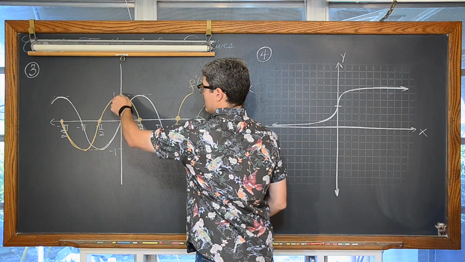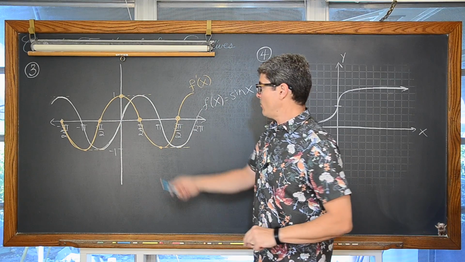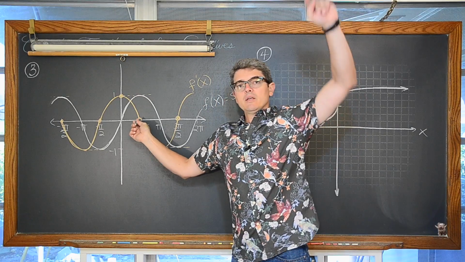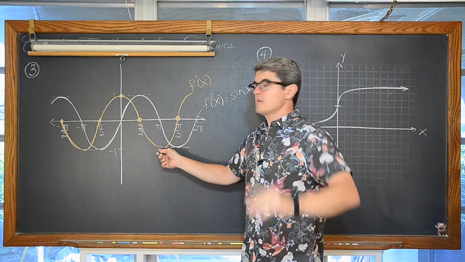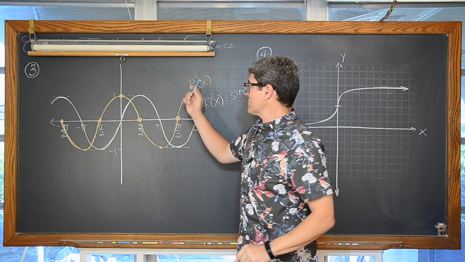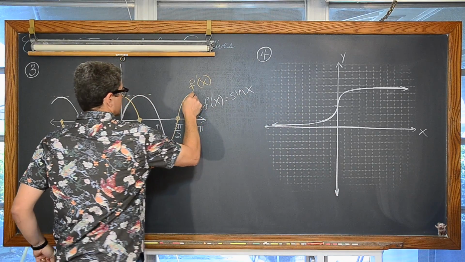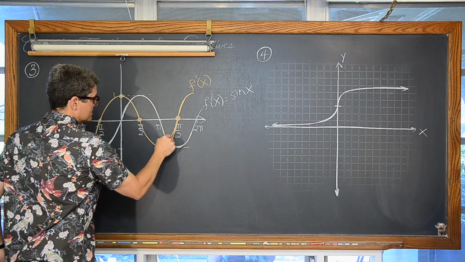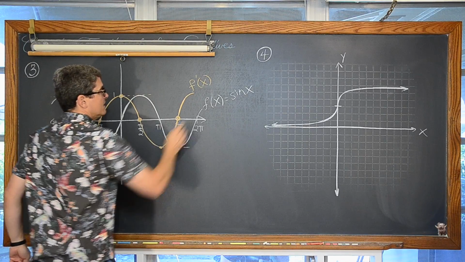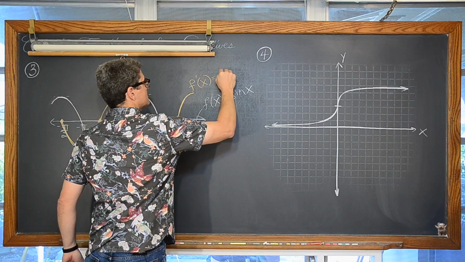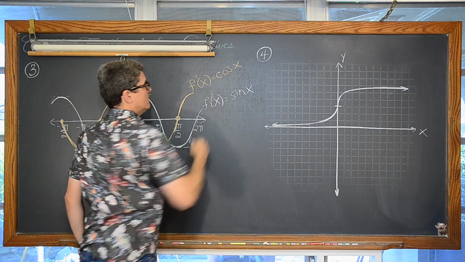At x equals 0, the function is giving us a value of 1, at pi over 2 a value of 0, and at pi a value of negative 1. Actually, this derivative function, in case you never connected the dots before, and that's not really drawn correctly, let me change that a little bit, is the cosine of x, right?